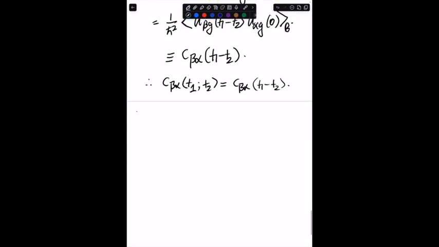So proof number two: you have C beta alpha again, and you need to prove that C beta alpha (minus T) is equal to C alpha beta (T) star. This is just your complex conjugate, right? So you got to prove this.